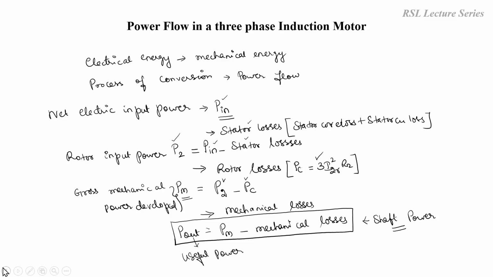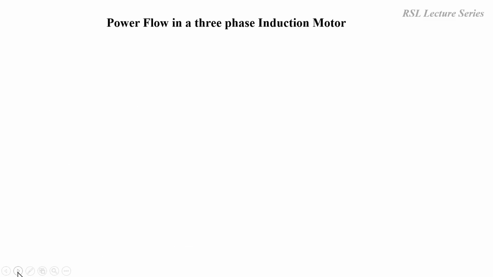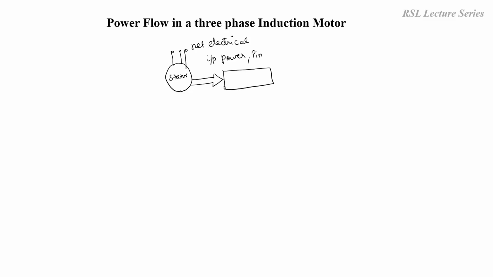Now we'll draw the diagrammatic flow of this power. First, in the stator we are giving the three-phase supply. This is the net electrical input power, represented by Pin. In the stator we have the stator losses, which comprise both the stator core loss as well as the stator copper loss.